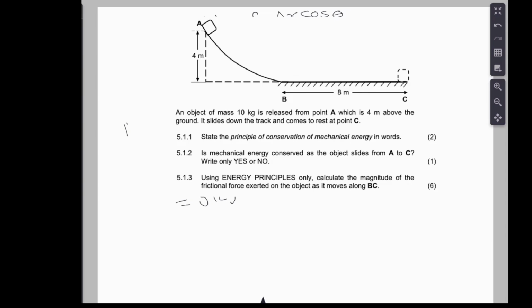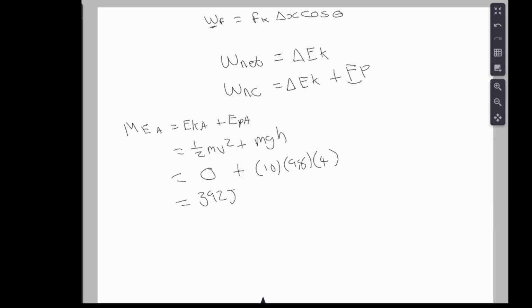Now, between point B and C, there was no potential energy, there was kinetic energy.